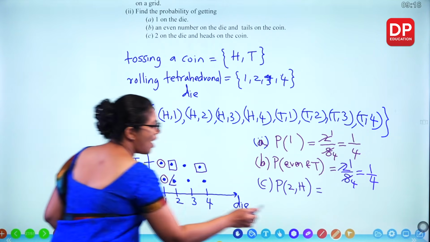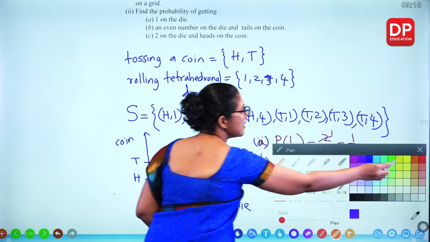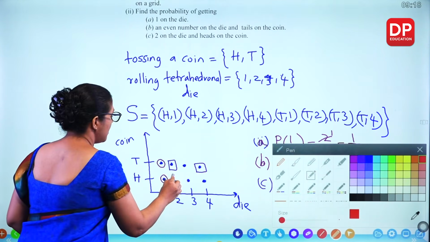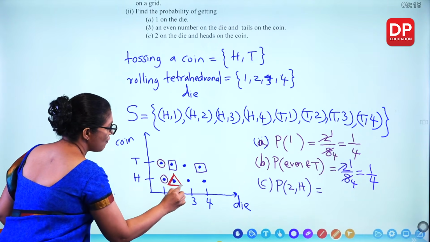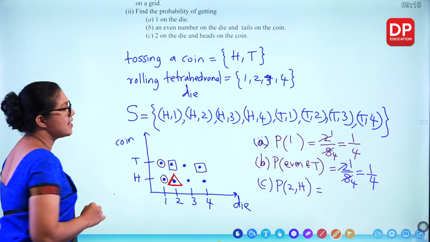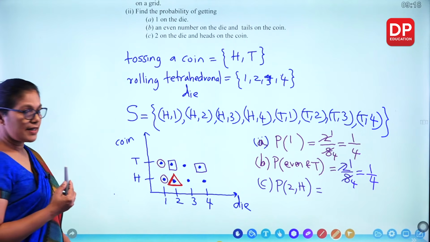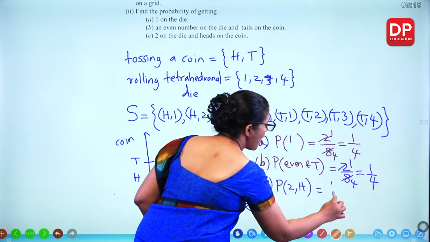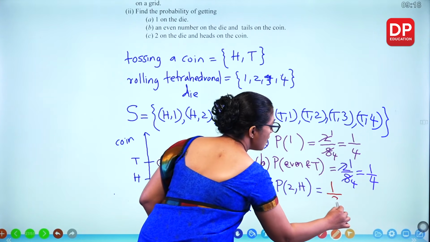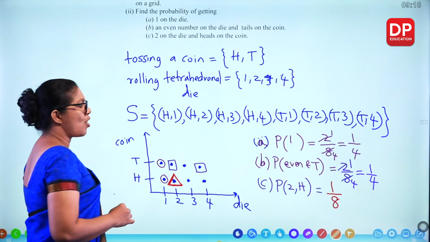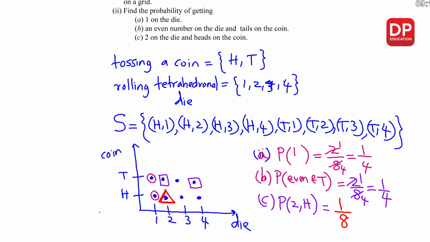So how many possibilities? 1 possibility for H and 2. Then we can write as 1 outcome out of 8. So that's the probability.